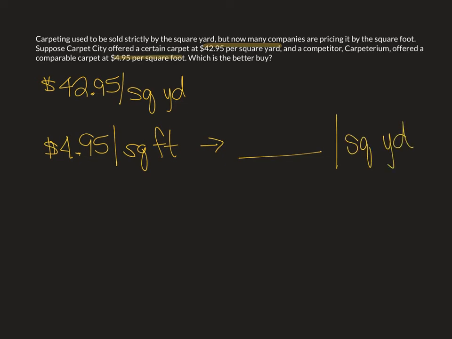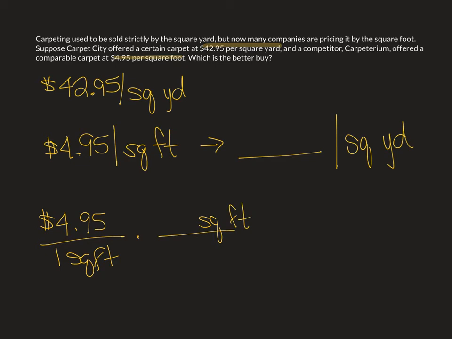So here we're going to set up a unit fraction, $4.95 per 1 square foot. And we know we want to cancel our square feet, so they have to go from the denominator to the numerator. We're trying to get to per square yard. We're going to end up canceling those units there, so square feet are going to end up canceling.